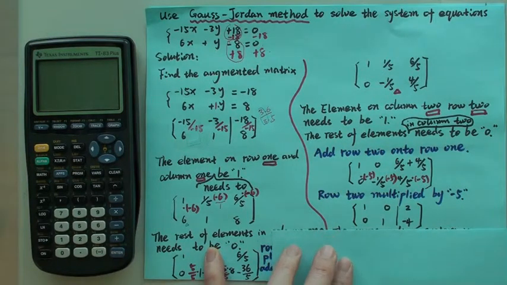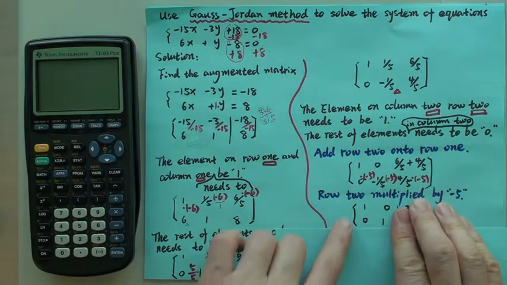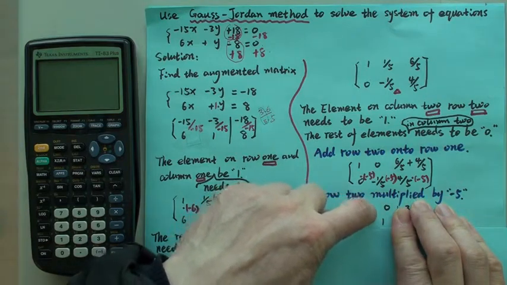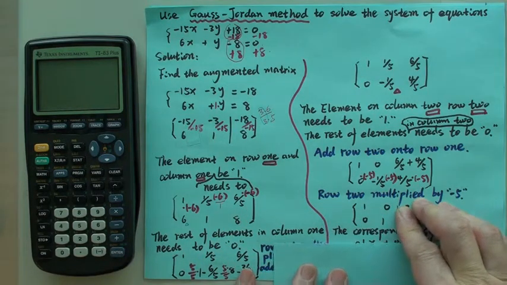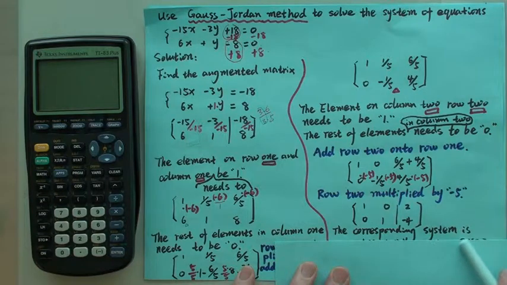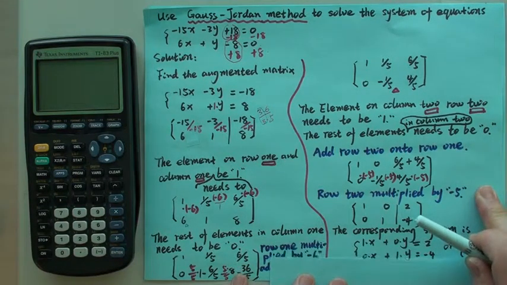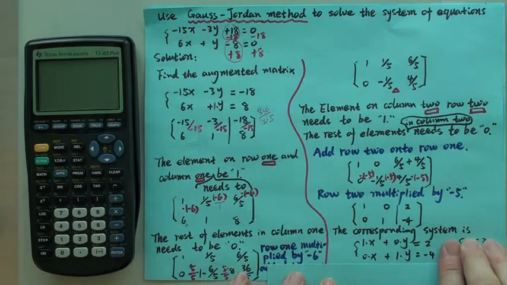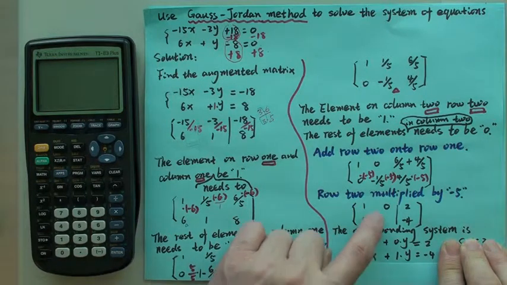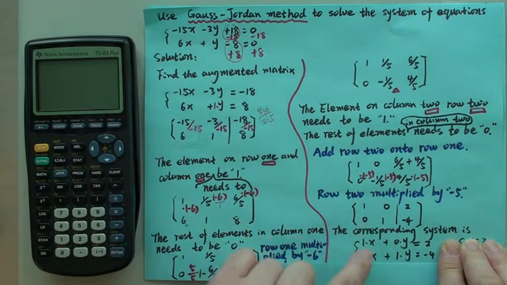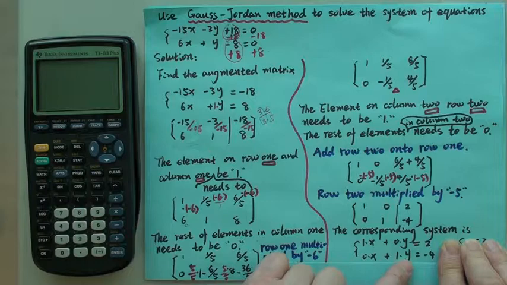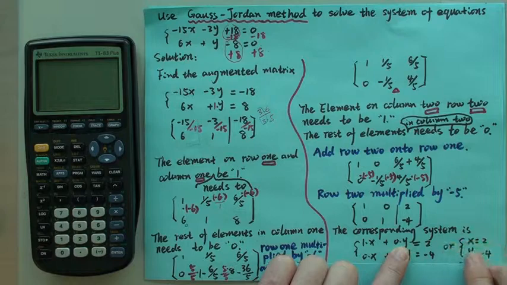Now, what does this mean? After you get the matrix like this, with the diagonal 1 and the rest 0, the corresponding system of linear equations would be: 1 times x, 0 times y equals 2, and 0 times x plus 1 times y equals negative 4. 0 times y is 0, so you don't have to write that.